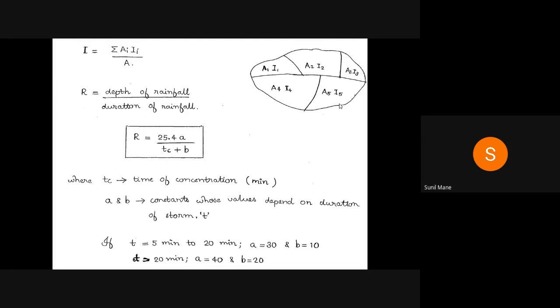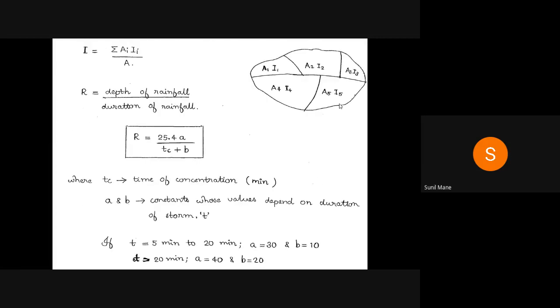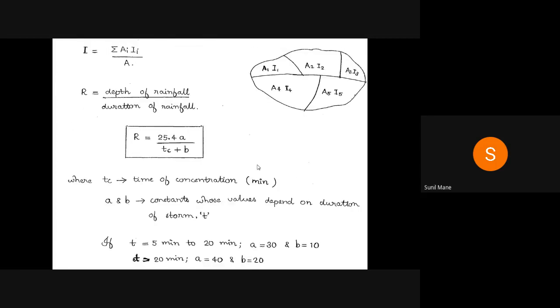Again, there are details concerned with the time of concentration of the rainfall. The formula also has constants, which depend upon the kind of situation available, and those constants are to be put in.